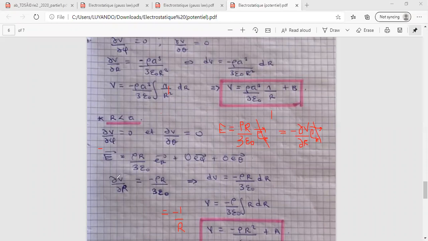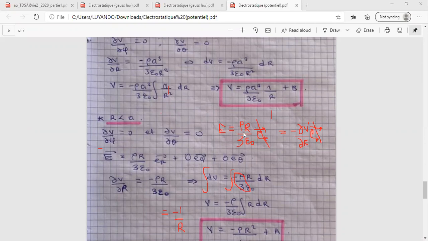We're going to have dV as a subject, so dV is equal to this expressed in dr. Then if we integrate, we're going to have V equal to the integral of this, but this is a constant. So we bring it the other direction. So we're going to have negative rho over 3 epsilon 0 integral R dr.